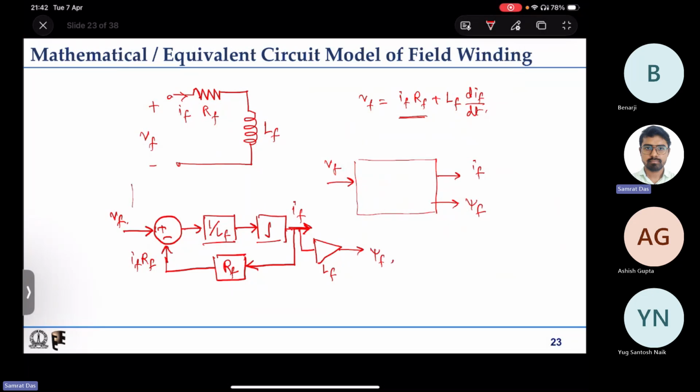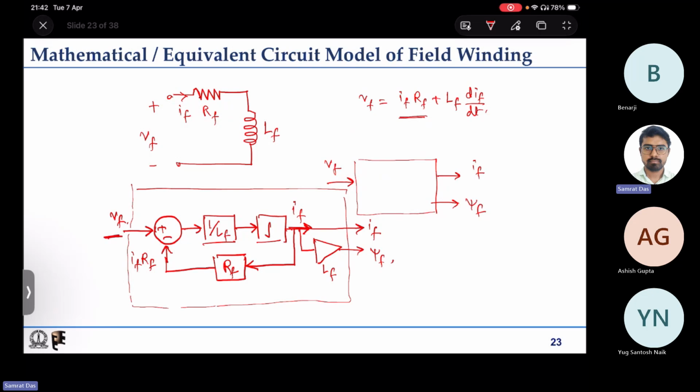So this becomes your model of the field winding. If you want to mathematically solve or simulate it, this is how to get it for some voltage. This Vf can be anything. It can be a constant voltage.